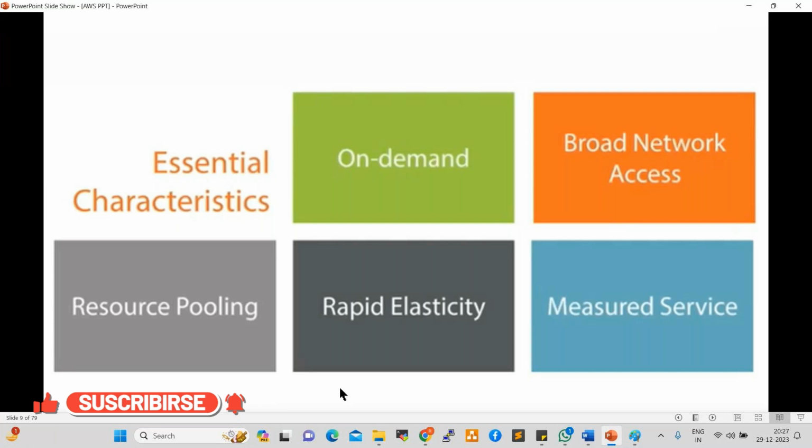Next one is rapid elasticity. What is rapid elasticity? Whatever resources we are using in cloud are elastic. We can increase the resources, we can decrease the resources with a single click. For example, currently I'm using 8 GB RAM, I configured 8 GB RAM in the server, and I want to increase it to 16 GB.